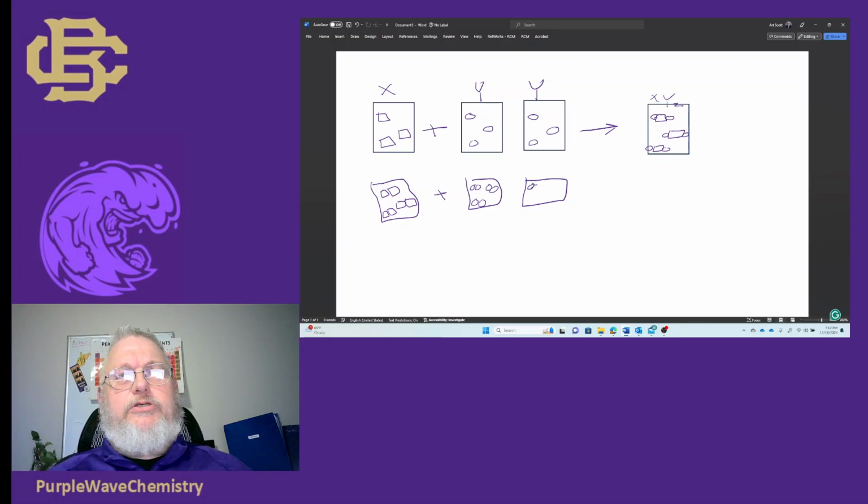So here's the question. How many volumes of XY squared, XY2 rather, am I going to produce? One volume? Well, let's see here real quick. So again, it's one of these and one of these.